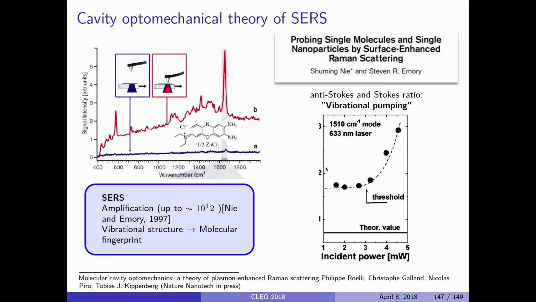Now, finally, another comment: optomechanics, as it is described, is coupling light and mechanical motion. And you can also ask yourself, does optomechanics maybe also apply to other systems like molecules? In fact, if you read the literature a little bit, then you find interesting analogies. There's one interesting observation that was made by Emory and Nie in the late 90s.